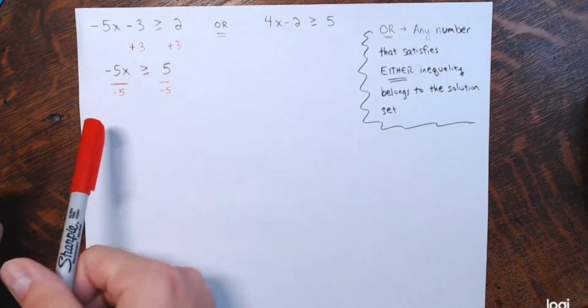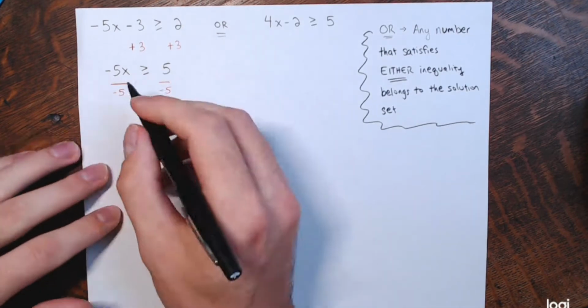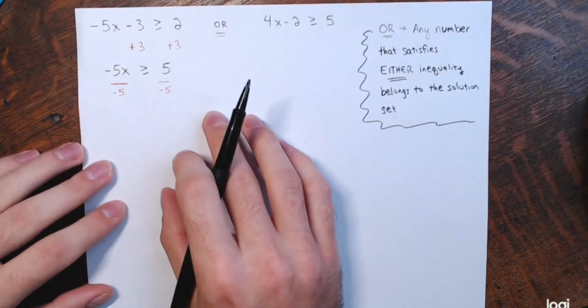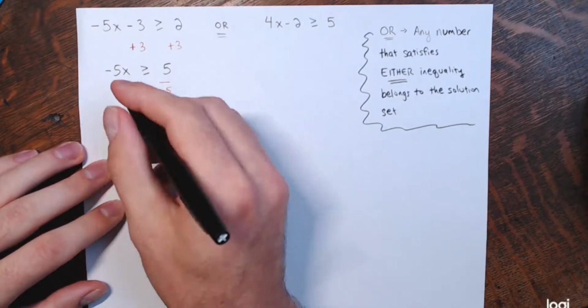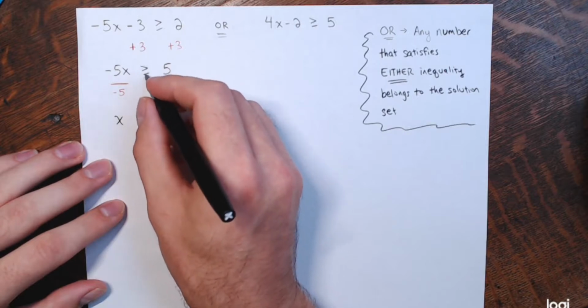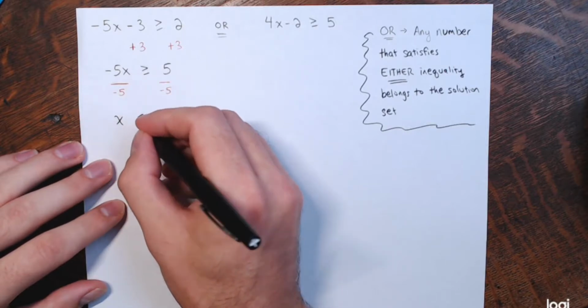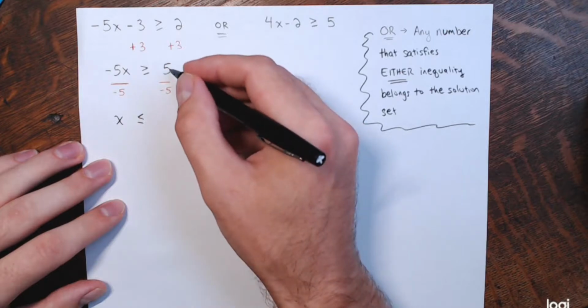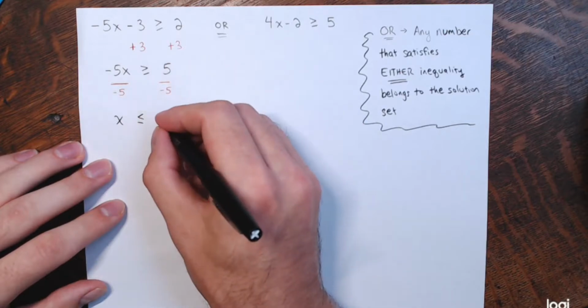Whenever you multiply or divide both sides of an inequality by a negative number, the inequality symbol flips. So greater than or equal to becomes less than or equal to. And on the right side, 5 divided by negative 5 is negative 1.